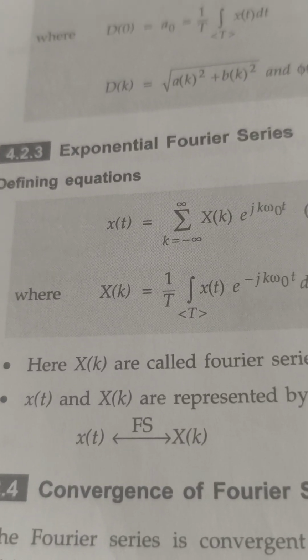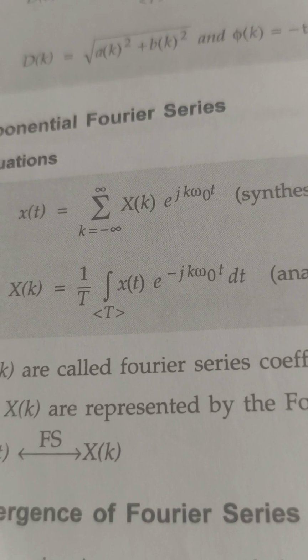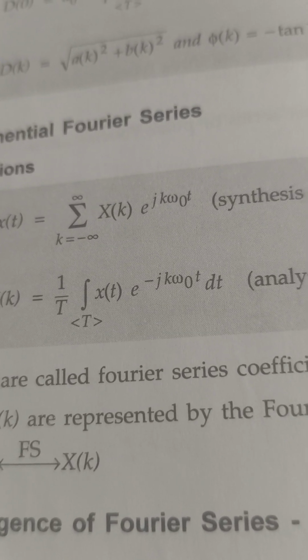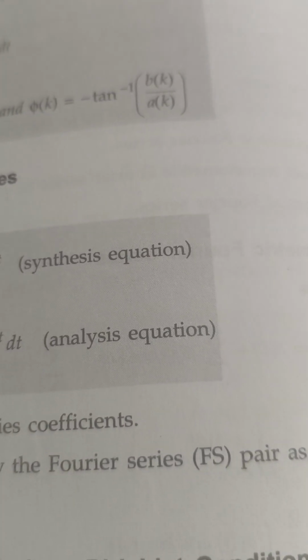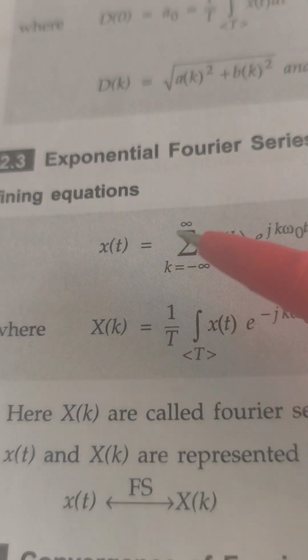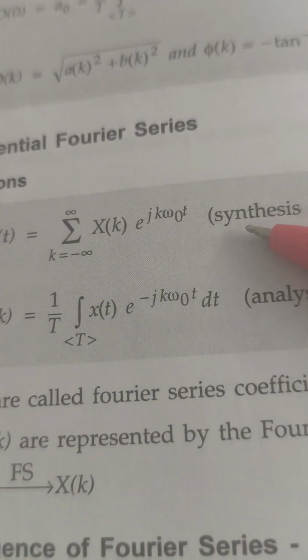And one more equation is capital X of k equal to 1 by T integration over T of x of t e raised to minus j k omega naught t dt. This is called the analysis equation. From the signal x of t we can obtain the Fourier series capital X of k using this equation.